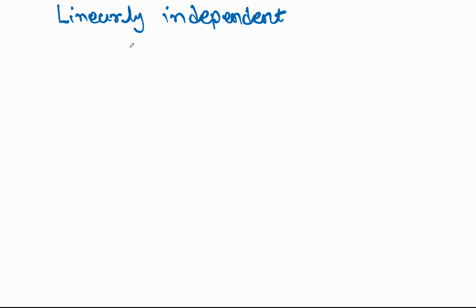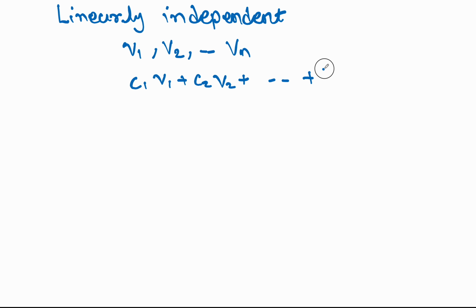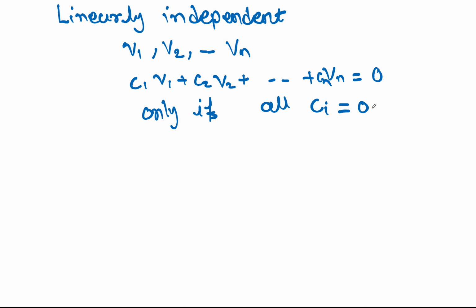We can write the definition: let's say the vectors v1, v2, up to vn are linearly independent if c1 v1 plus c2 v2 plus up to cn vn equal to 0 is satisfied only when all ci are equal to 0.